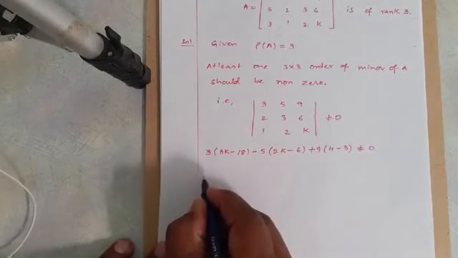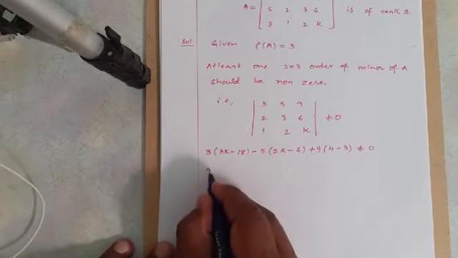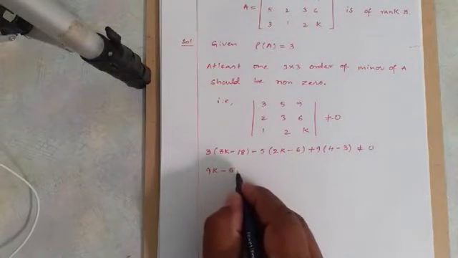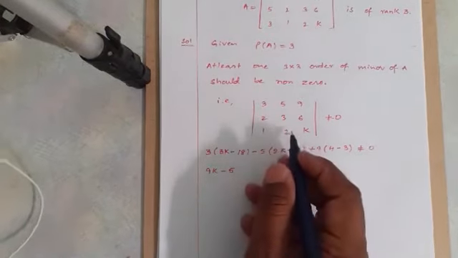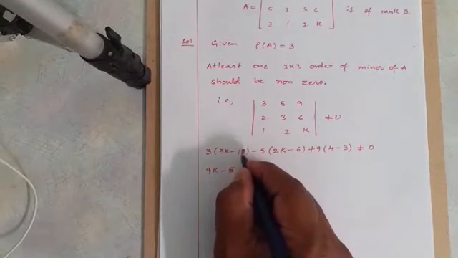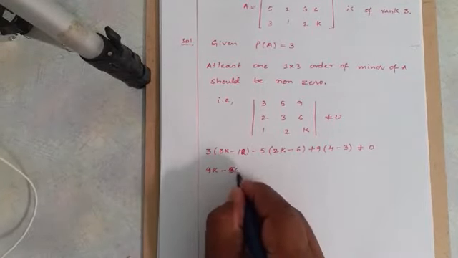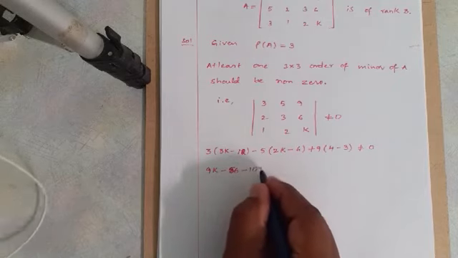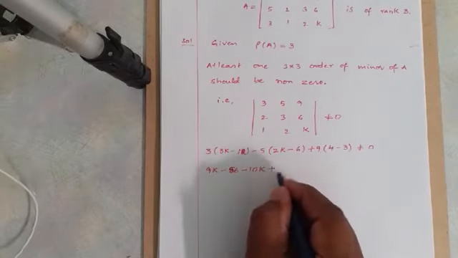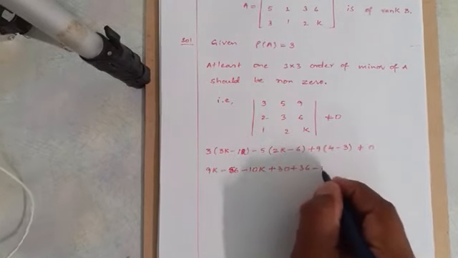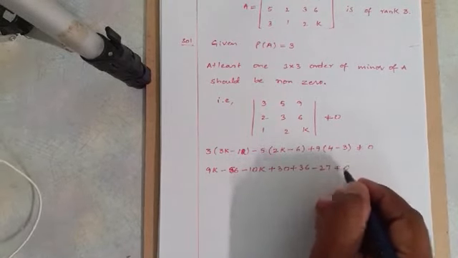This implies, when you multiply, 9k minus 36, then minus 10k plus 30 plus 36 minus 27 not equal to 0.